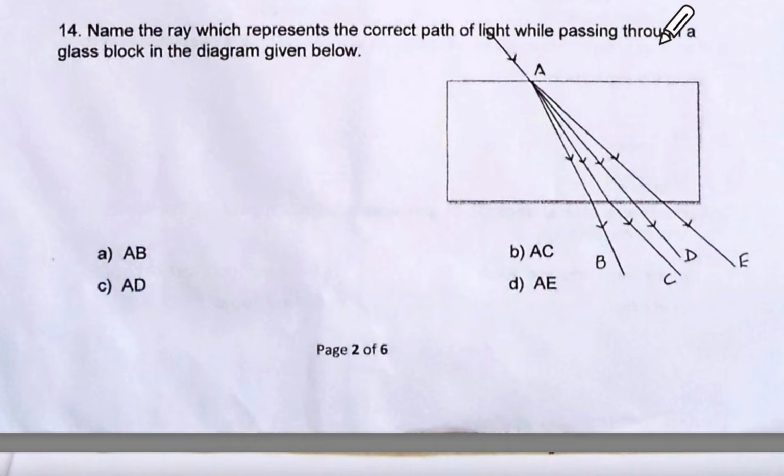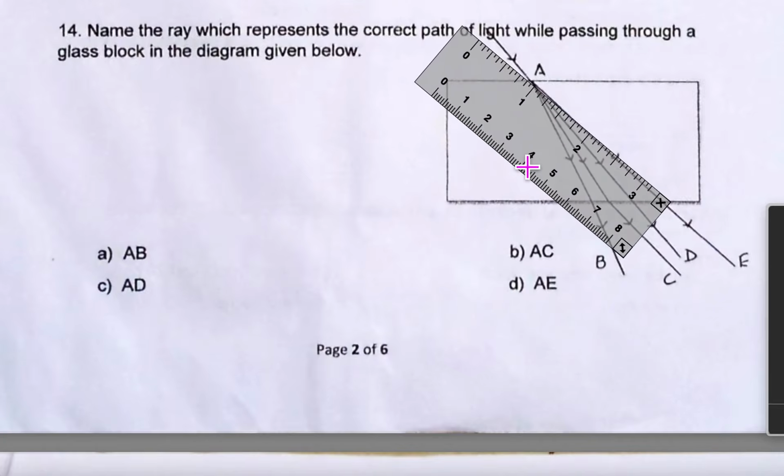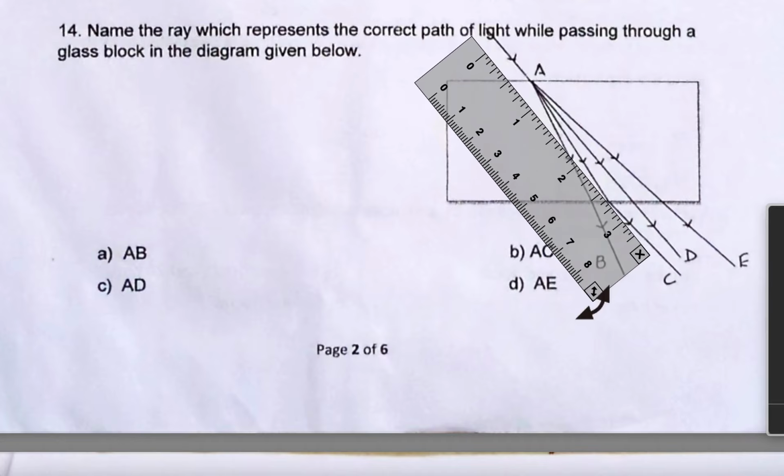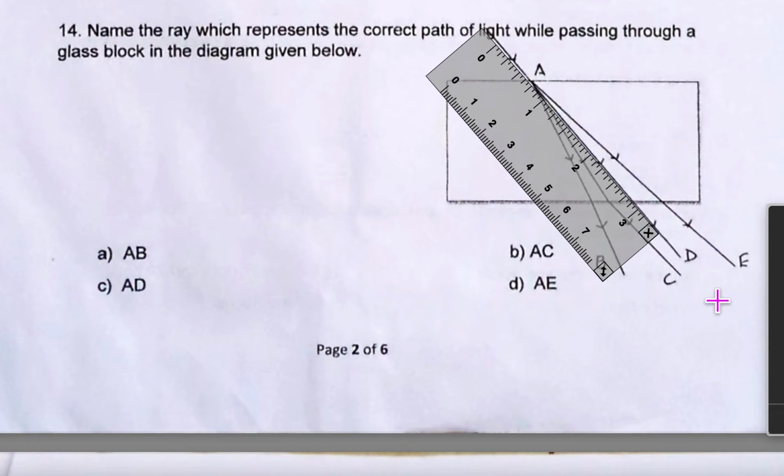Name the ray that represents the correct path of the ray of light through the glass block in the diagram. Now, here you'll have to use a ruler when they give you a diagram like this. Can you see here? Okay, so D is the original path. It is going into the glass block, so will it go away from the normal?